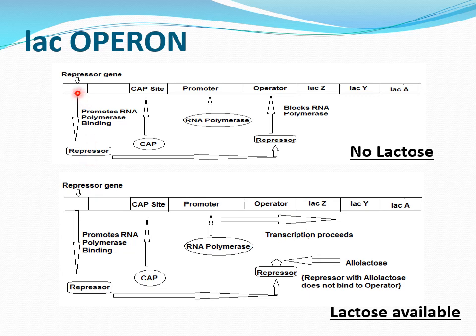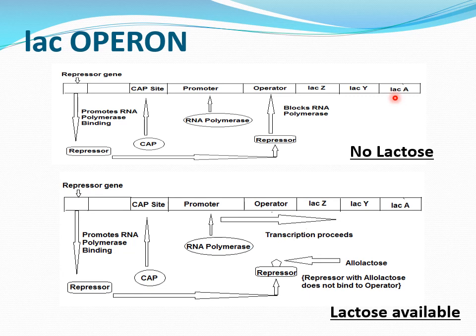So they are the trans acting regulatory sequences. Trans acting because they are not in close proximity with this polycistronic unit. It is the product which is regulating the expression of this polycistron.